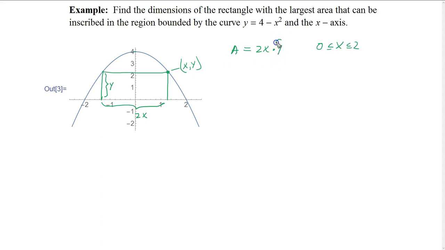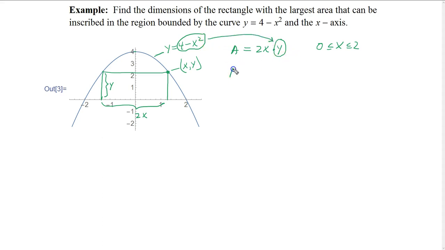Well, we need to get rid of one of the variables. Let's get rid of the y. So we want this equation only in one variable so we can differentiate it. So how can we do that? Well, this point sits on the curve y equals 4 minus x squared. So we can substitute 4 minus x squared in for the y right here.